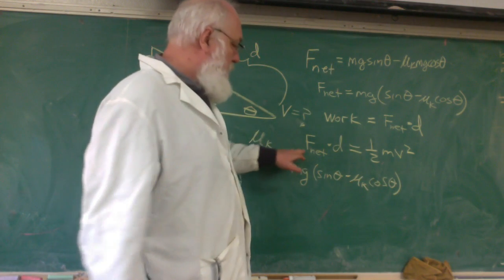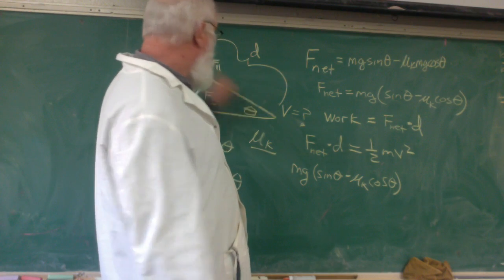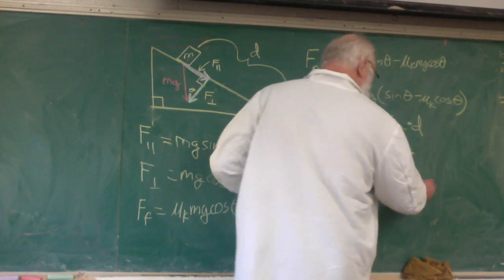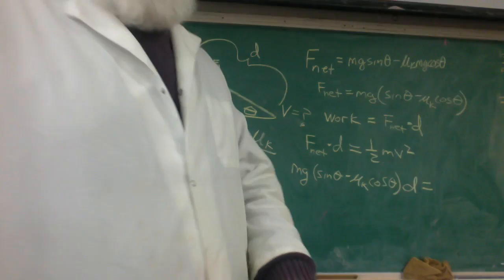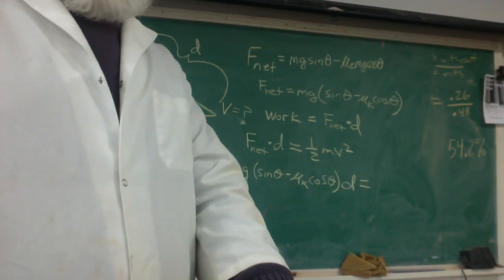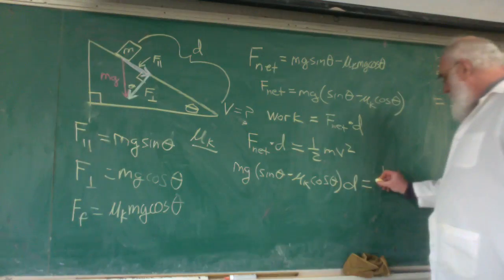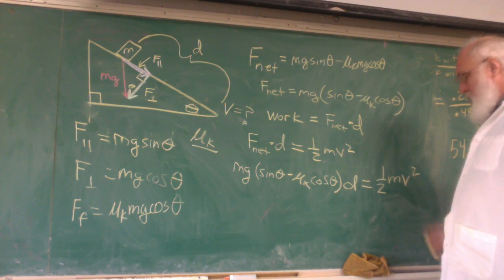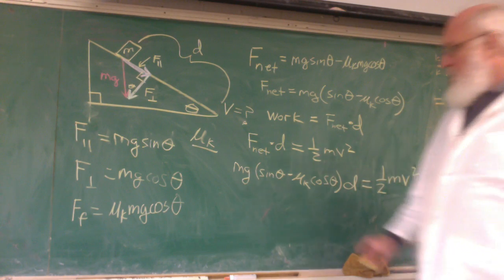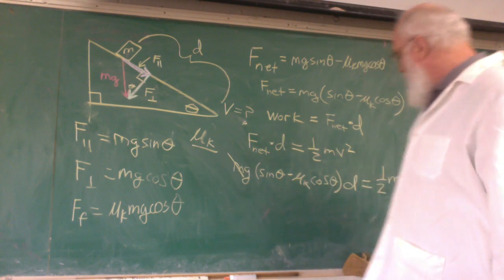All right, that's then times d, the distance it slides, and that will equal the kinetic energy. Okay, so the kinetic energy is 1/2 mv squared. And the first thing you notice is that m cancels out.